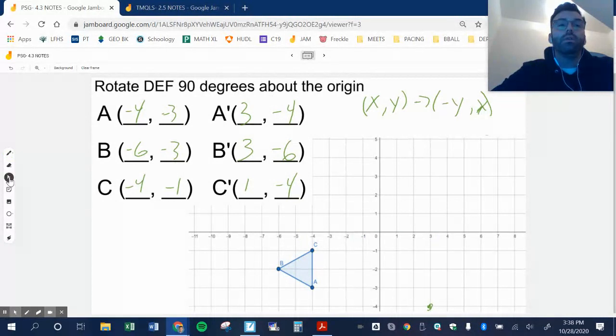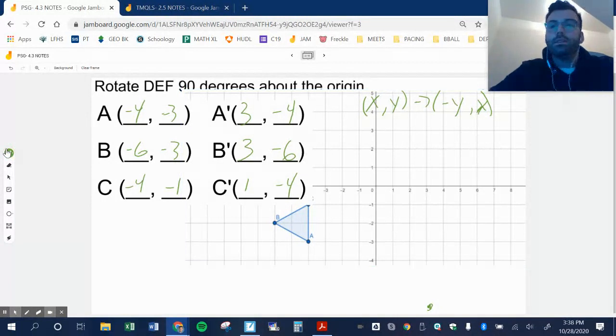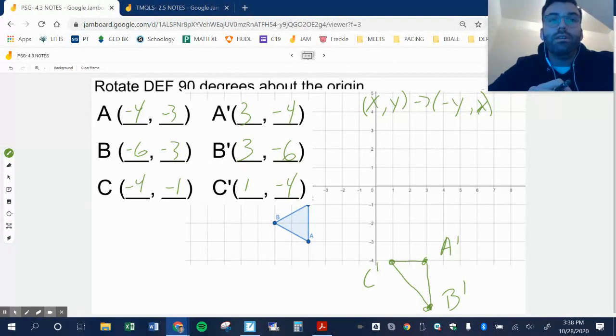It's all the way off the grid. Let's maybe raise it up. And then 1, -4. So that's A prime, B prime, C prime. Connect my dots. Boom.